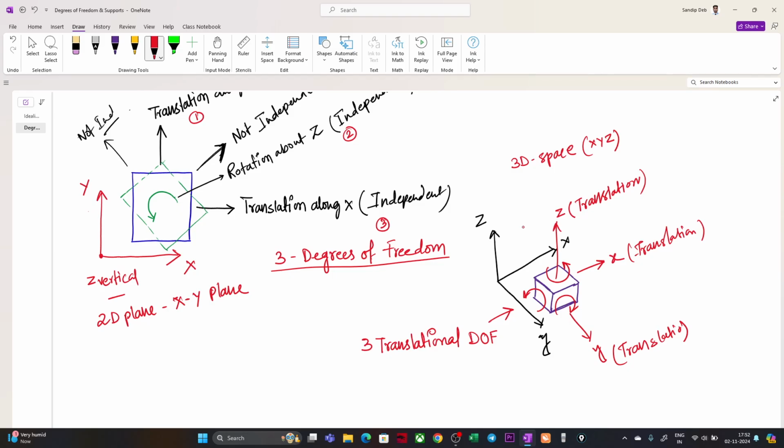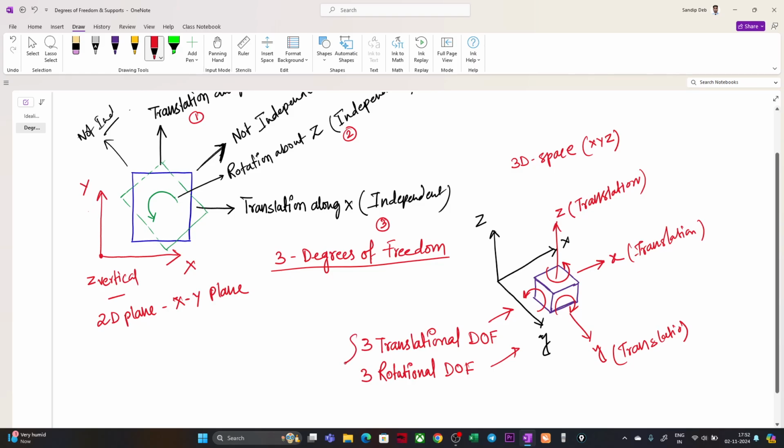So now we also have three rotational degrees of freedom. In our 2D plane, we had only one rotational degree of freedom, which is rotation about z. Now it can rotate about y, about x, or about z, right? So we have three rotational degrees of freedom in this case.